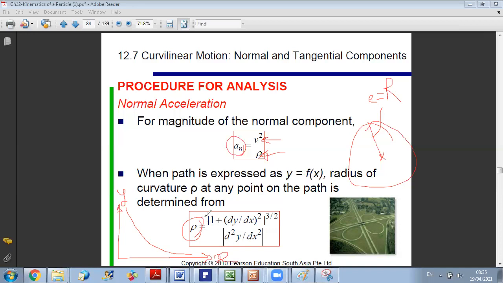Rho is equal to 1 plus dy over dx squared, the whole term to the power 3 over 2, over the absolute value of the second derivative. So this is a way to calculate rho in case I have the function y of x. We will practice this in problems.